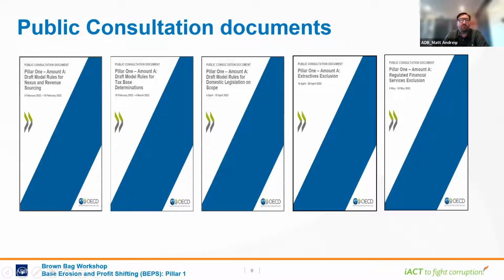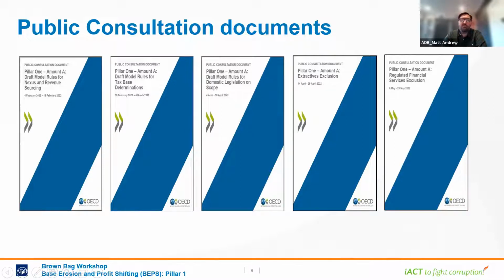Similarly, what was released last week on the 6th of May 2022 was the Regulated Financial Services exclusion. This paper confirms the scope of Amount A will exclude the profits from regulated financial institutions, which are defined in that document. I will not speak further about the extractives exclusion nor the regulated financial services exclusion, because these are quite specific to these industries.